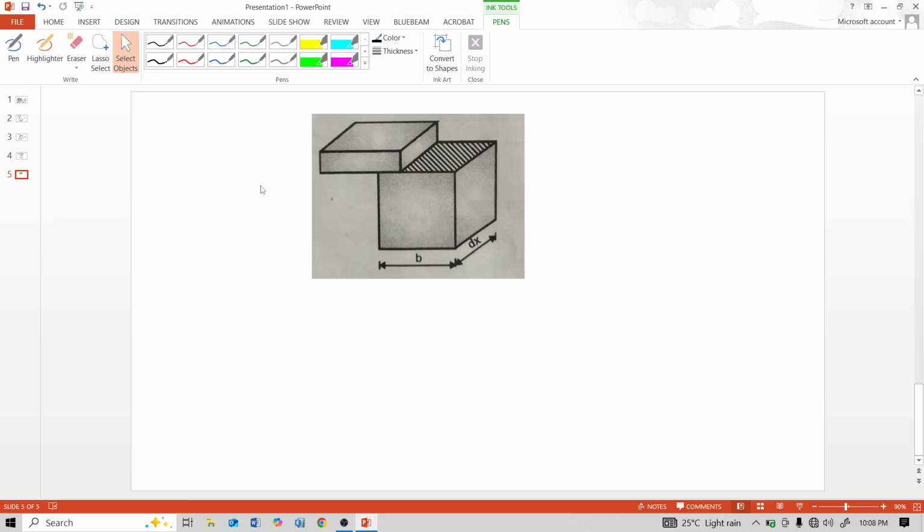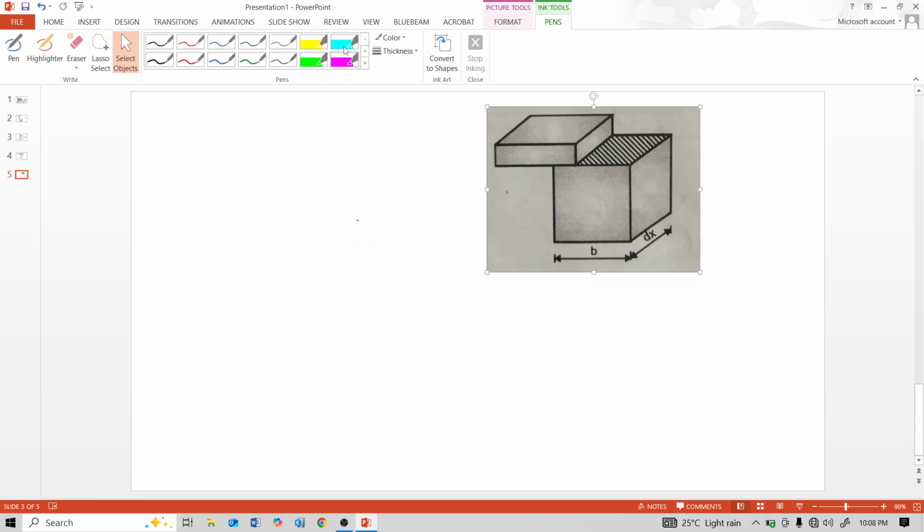See this figure. Because of the sliding of this layer, shear stress is induced. Shear stress induced because of the sliding of the layer will be equal to, tau is equal to force upon area.